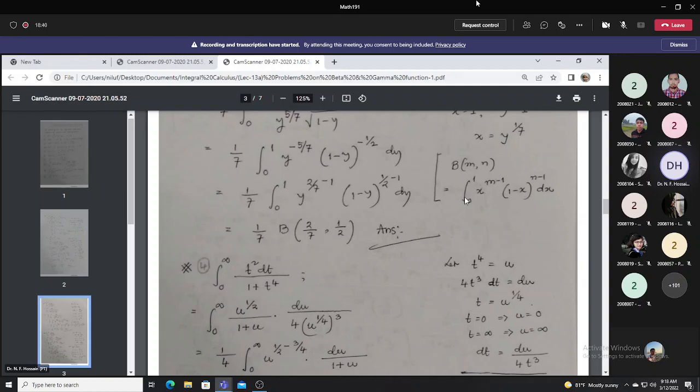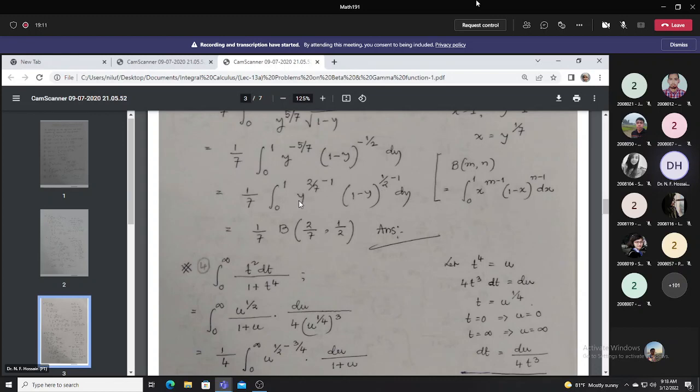This is our beta function, integration 0 to 1 x to the power m minus 1 into (1 minus x) whole to the power n minus 1, where m and n, both of them should be positive real numbers. So this minus half, you can write it as half minus 1, because minus 1 should be there. So here, if you write minus 1, it should be half. And here, if you write minus 1, it should be 2 by 7. So your m is 2 by 7 and n is half.